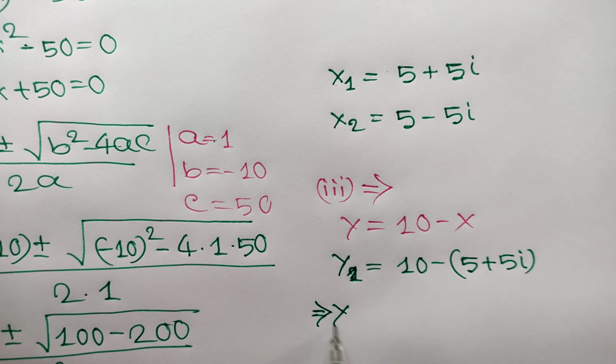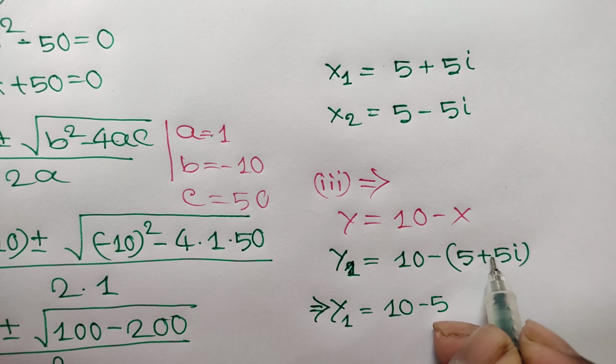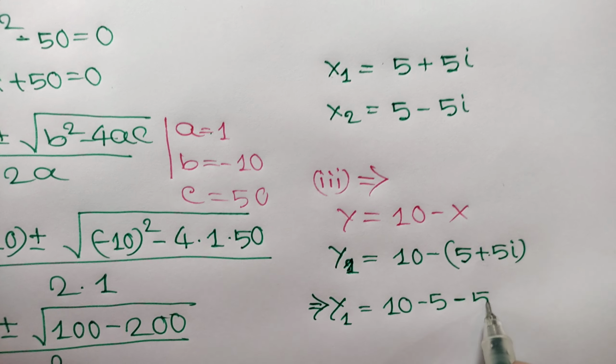Or y1 is equal to 10 minus 5 minus 5i, minus times plus is minus.